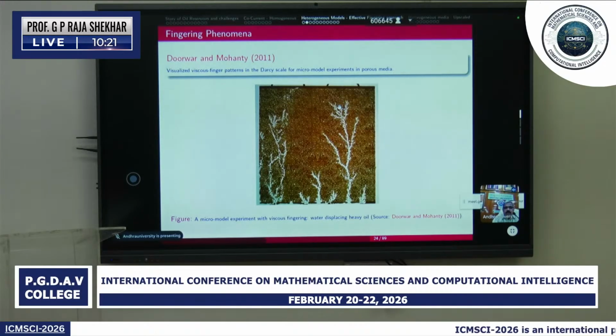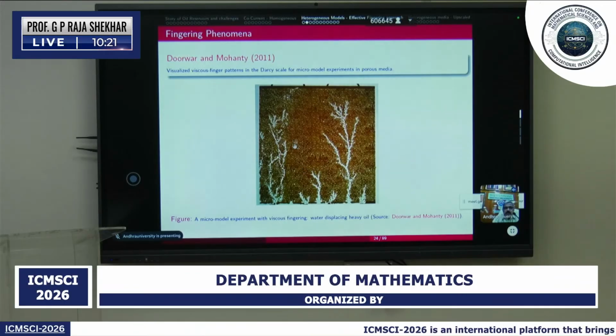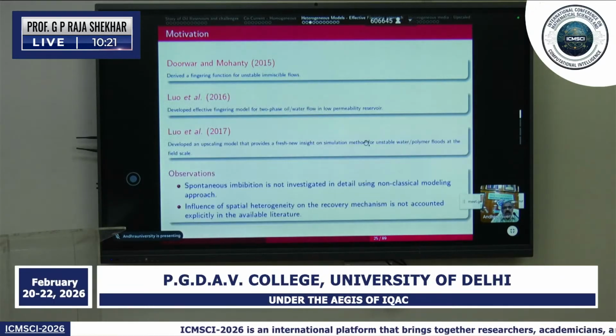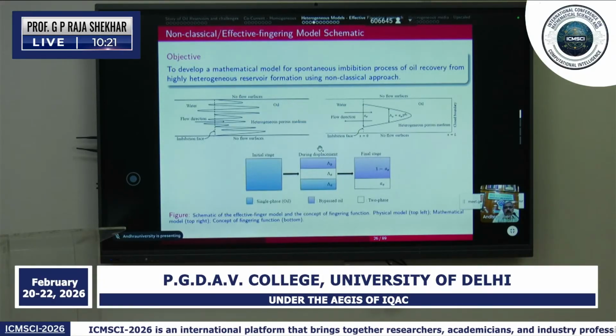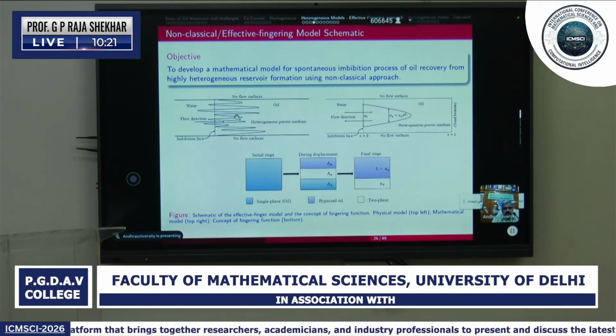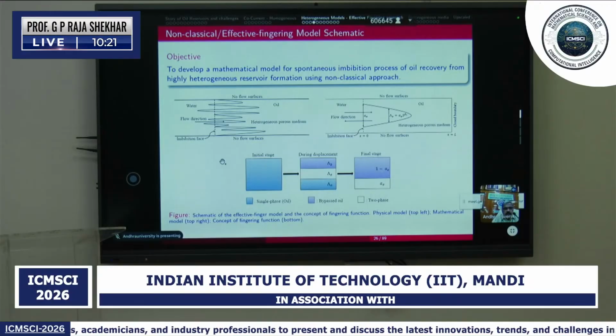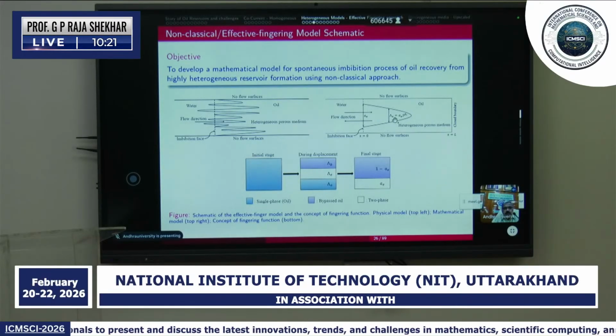If this finger and this finger merge, then there will be a lot of oil trapped that you won't be able to extract. These are the finger structures, but as a mathematician, it's very hard to trace the locus of these fingers and incorporate them in our model. So we approximate with something called an effective finger.